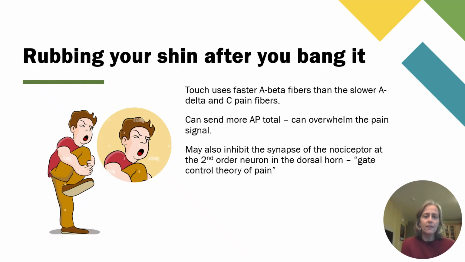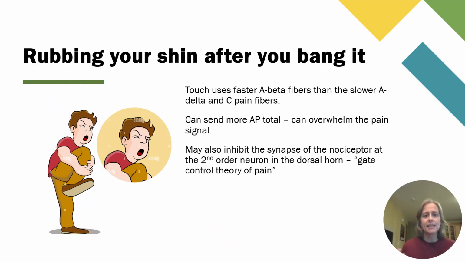But one of the hypotheses is that because touch uses those faster A beta fibers than the slower pain fibers, which are the A delta and C, you can send more action potentials because each one goes more quickly. You can send more action potentials for touch or pressure than you can for pain.